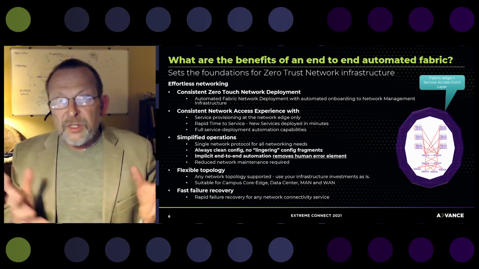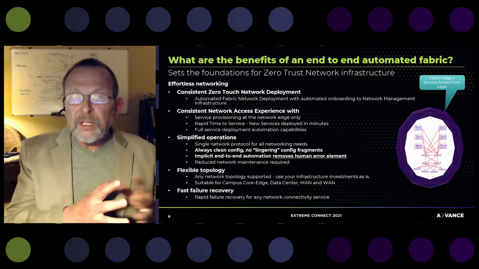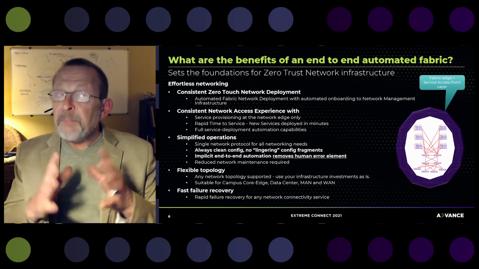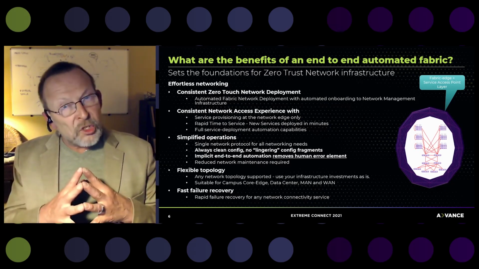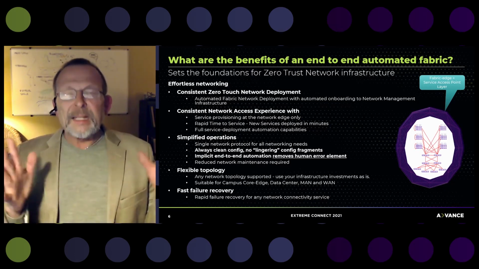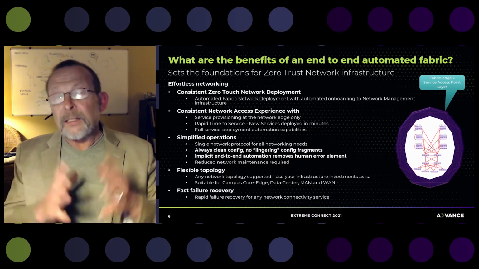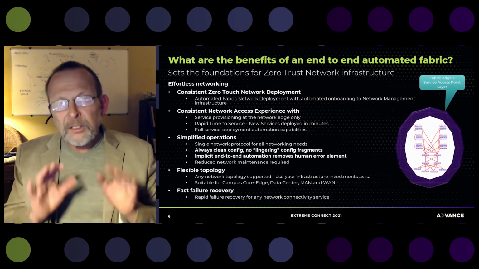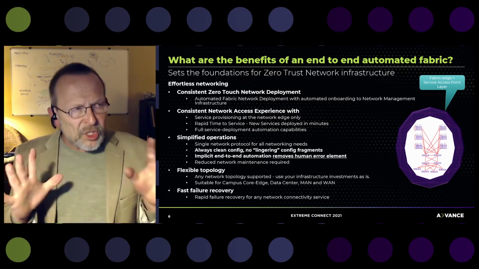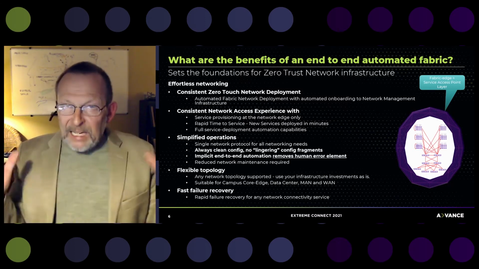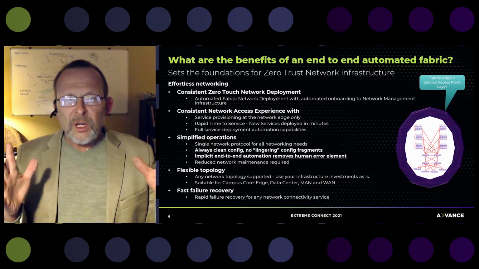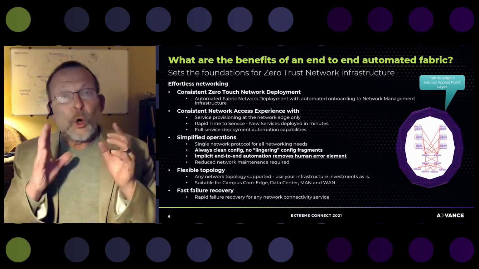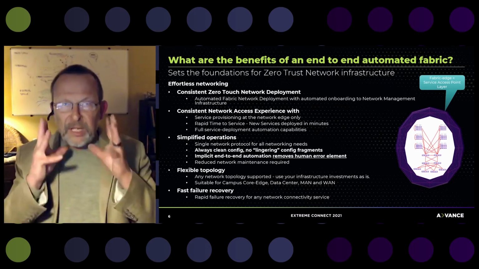The technicians that go in, they're into a project, they do something, they forget to remove it and it sits there, it becomes a vulnerability and it could eventually be found. So eliminating that is a very, very key thing. Tandem to that is removing the need for hands-on manual configuration. Implicit end-to-end automation, embedding it within the network fabric function, removes the human error element. And again, that only increases the security profile.